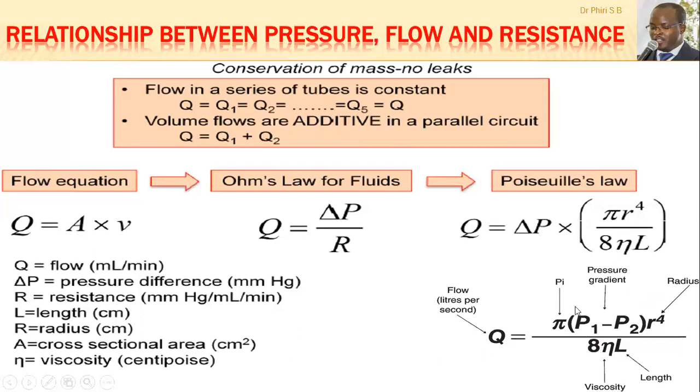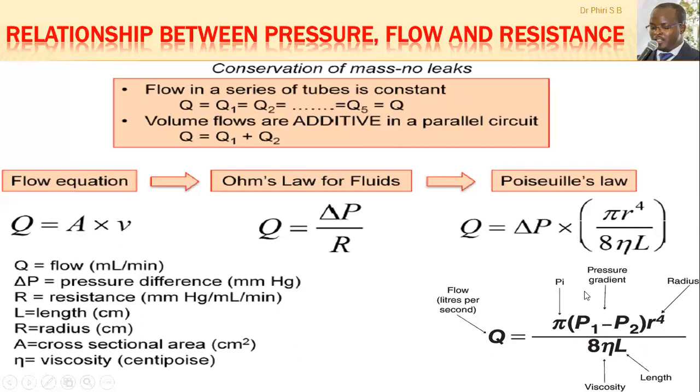So these are the factors that are affecting the blood flow. You know to say blood flow is directly proportional to the radius and the pressure gradient, but it's inversely proportional to the viscosity and the length of the blood vessel or the pipe.